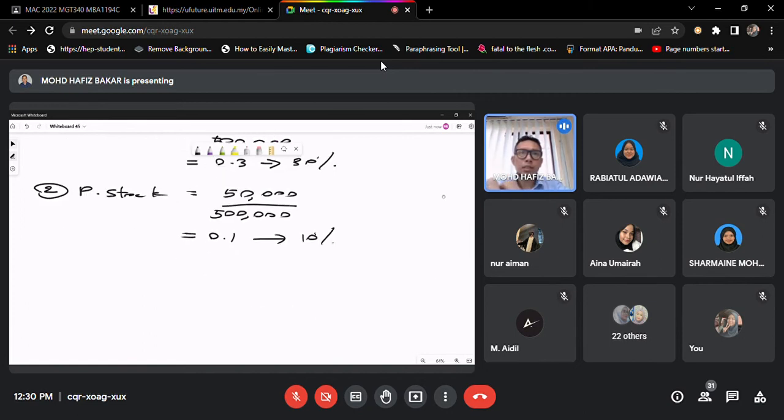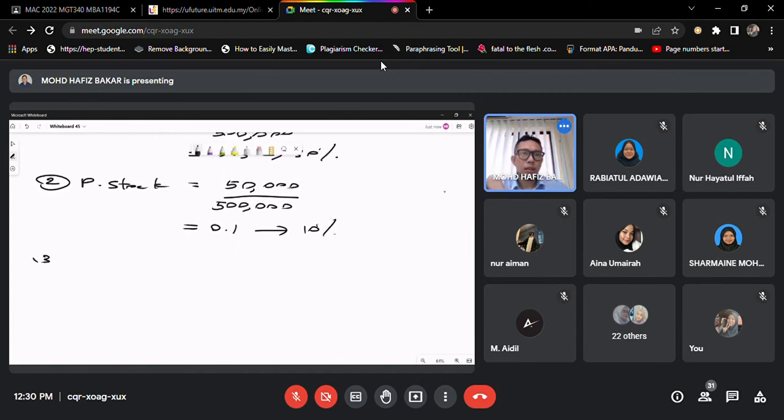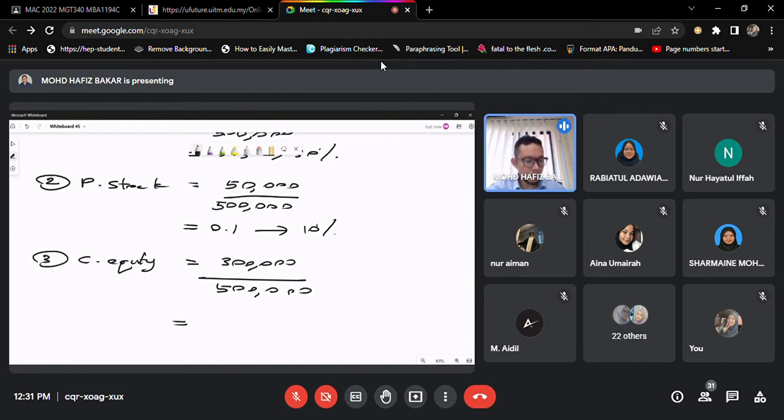So this is the weightage for preferred stock. And the third one is your common equity: 300,000 divided by 500,000, so 300 divided by 500 is equivalent to 0.6 or 60%.